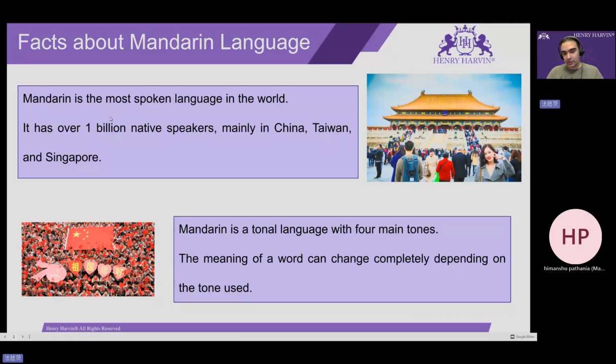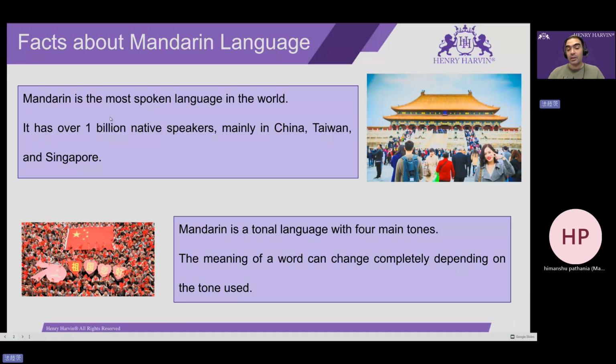The meaning of a word can change completely depending on the type of tone you use. This is the main phenomenon with a lot of tonal languages in the world, not just Mandarin Chinese itself, but also languages like Vietnamese or Thai, which belong to this tonal language family.